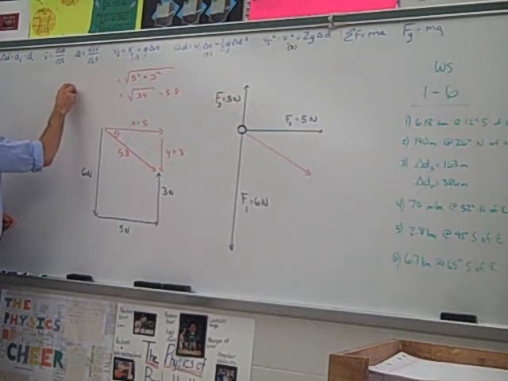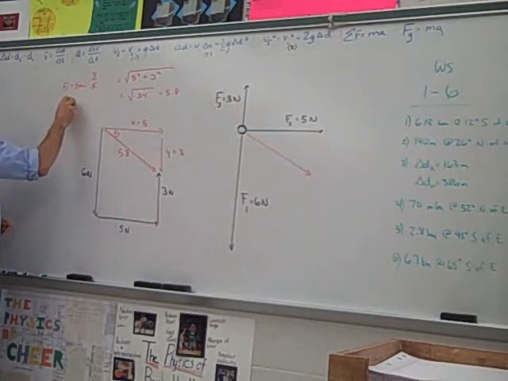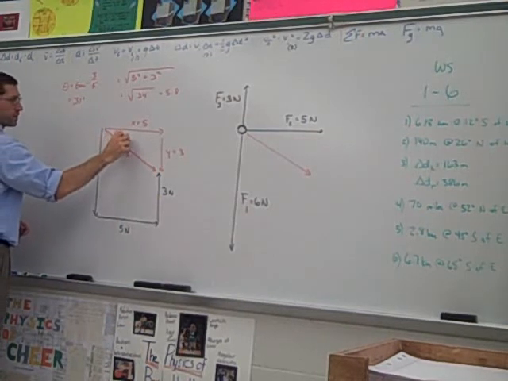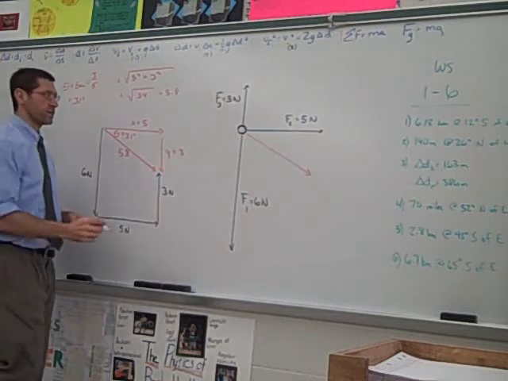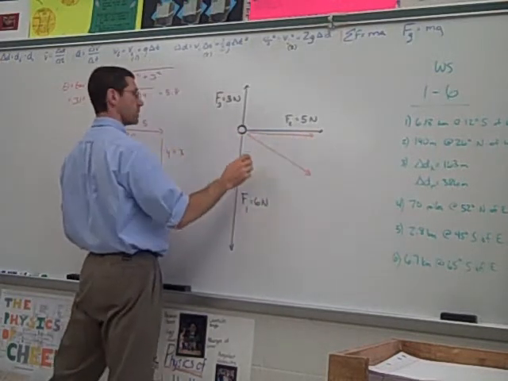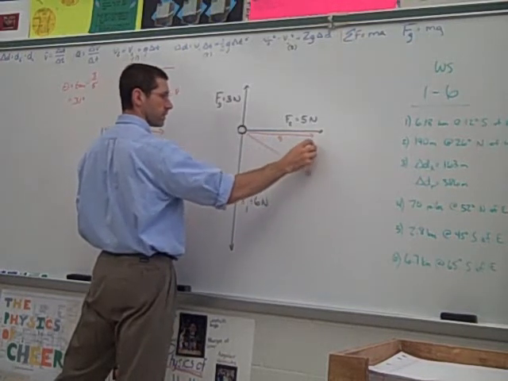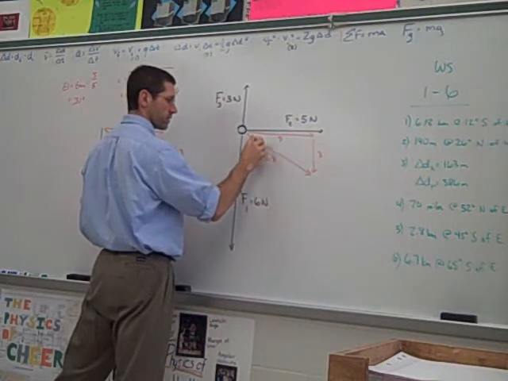So theta would be inverse tan 3 over 5. And you get 31 degrees. So basically what we found is that this is 5. And this is 3. This is 5.8. That's 31 degrees.